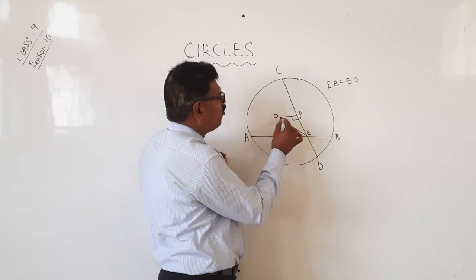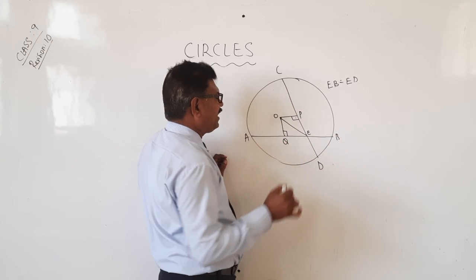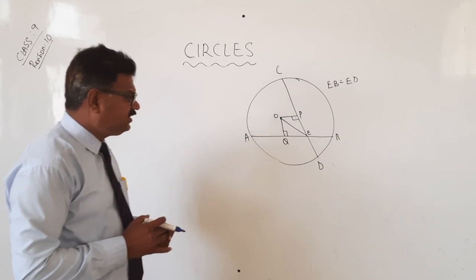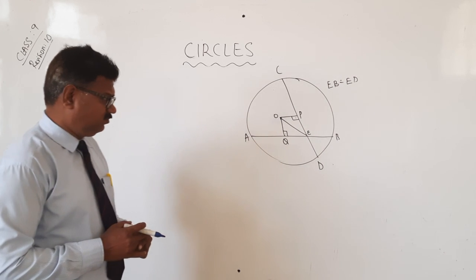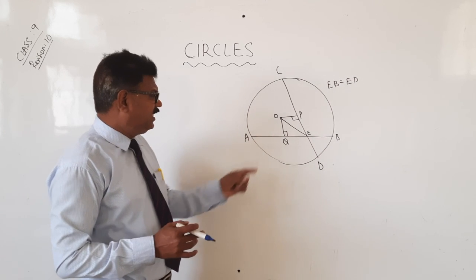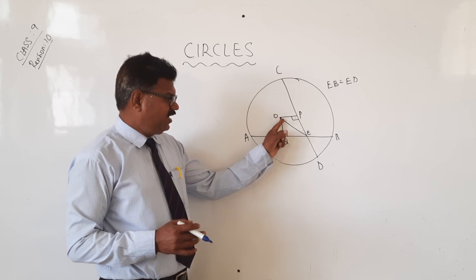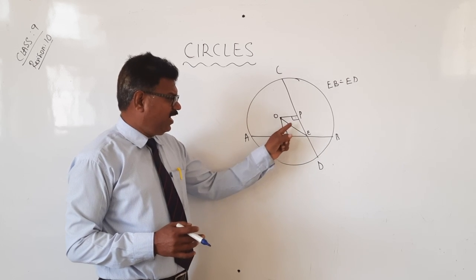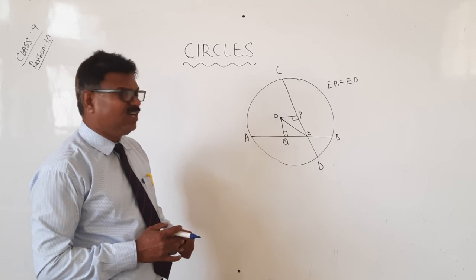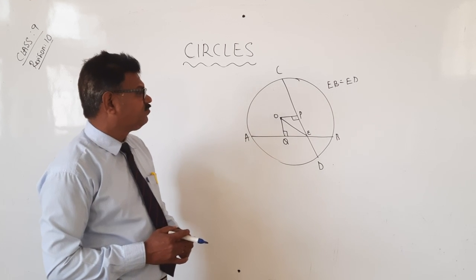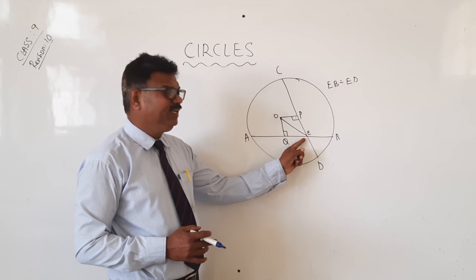That means OP equal to OQ, angle P equal to angle Q equal to 90 degrees, and OE is common. Therefore, by RHS, these two triangles are congruent. Therefore, corresponding sides and corresponding angles are equal. Therefore, PE equal to QE.